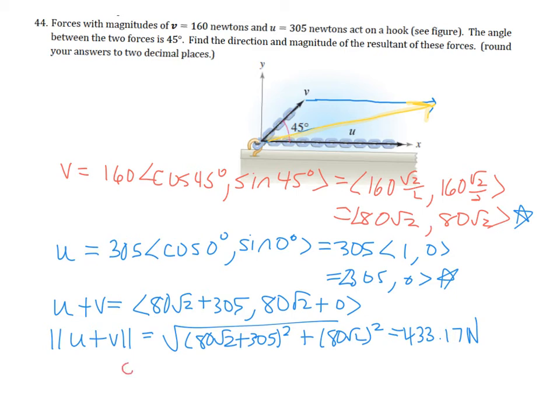Now, the angle measure, we're just going to take the inverse tangent of the y component divided by the x component. So that is the inverse tangent of that y component, 80 radical 2, over my x component, and I would put that in parentheses.